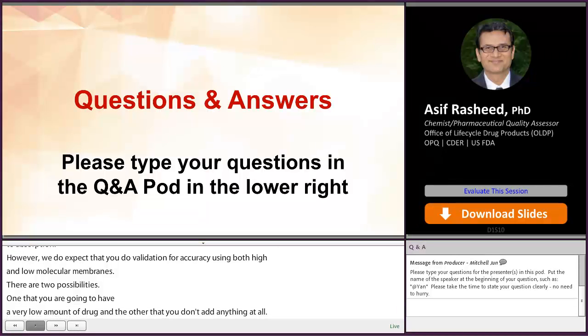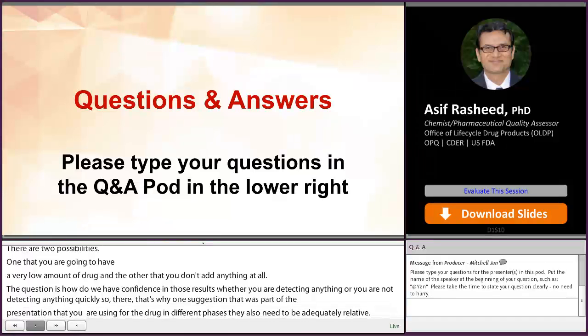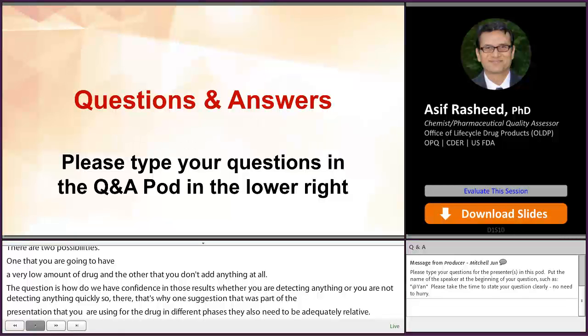That's why one suggestion that was part of the presentation is that the analytical methods you use to assay the drug in different phases also need to be adequately validated. In the case of accuracy using a low molecular weight membrane, one thing you can do is a study to demonstrate that the method is capable of detecting and quantifying the drug at low concentrations.